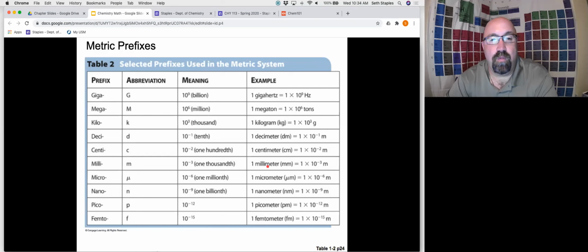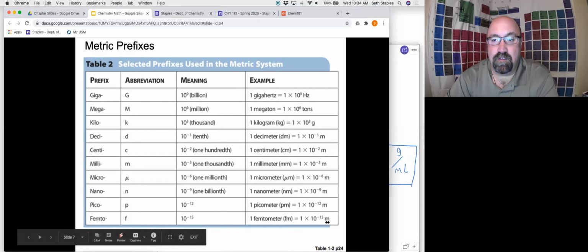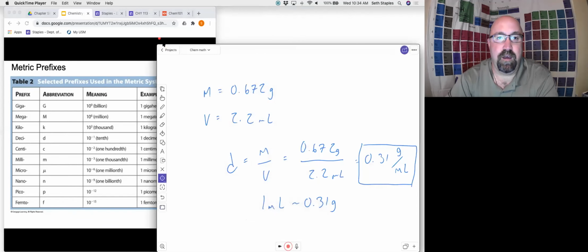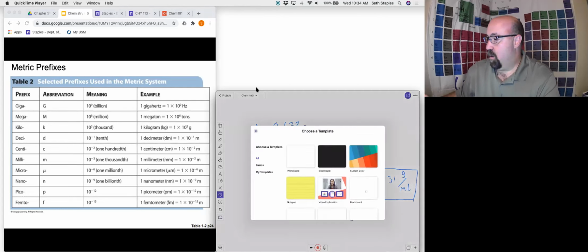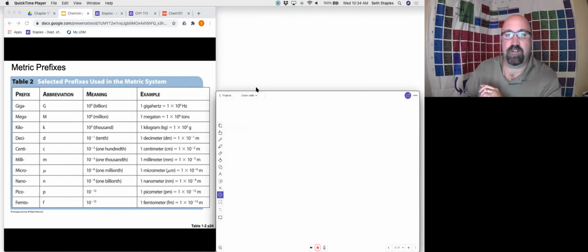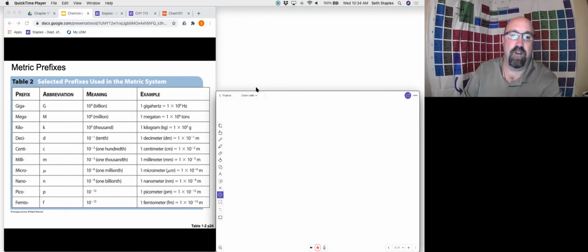There are many different ways to go about converting and using some of these conversions. One of the simplest ways, let's just shrink this down a little bit so we can bring up our whiteboard at the same time. One of the ways that we can use this conversion is by simply moving our decimal points around.